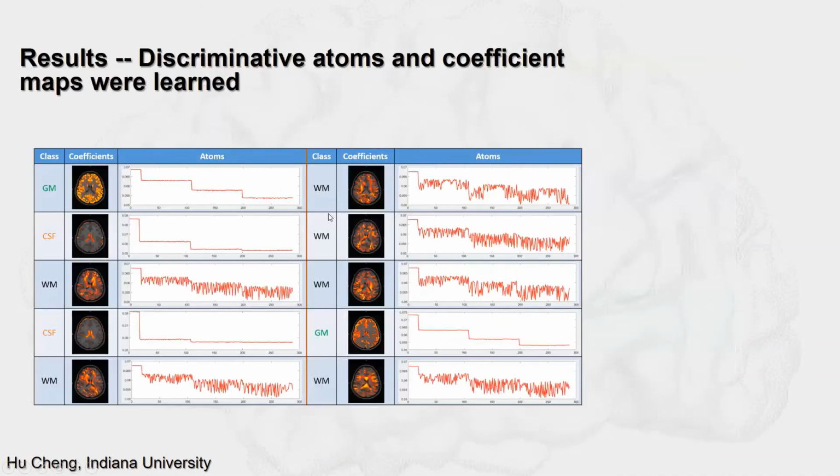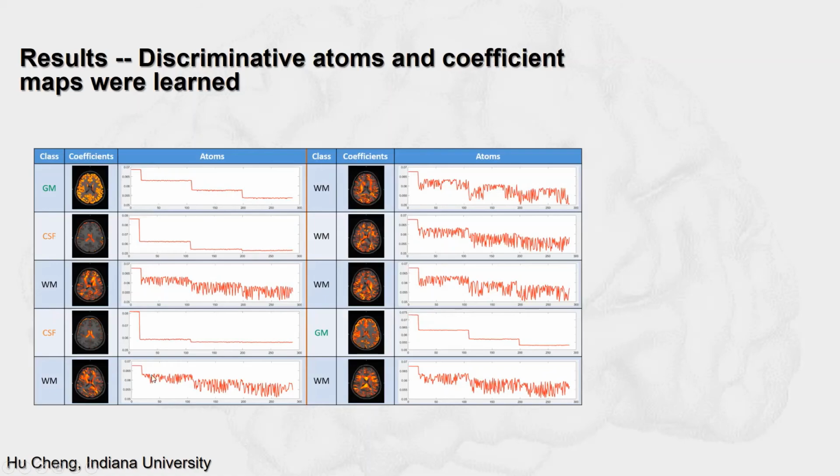Here are the results of 10 discriminative atoms and coefficient maps. Out of the 10 atoms, 2 are CSF, 2 are gray matter atoms, and 6 are white matter atoms.